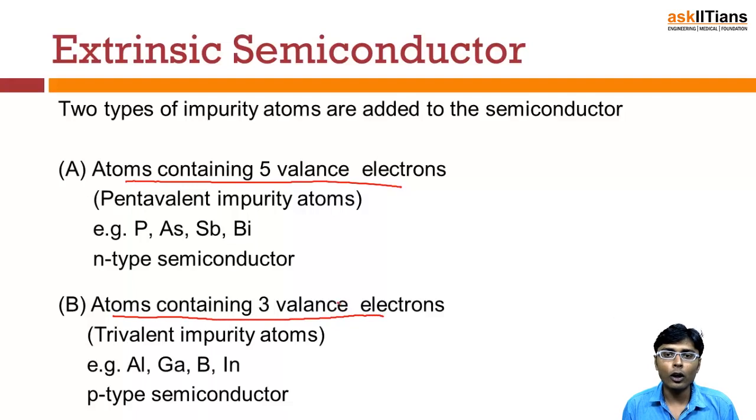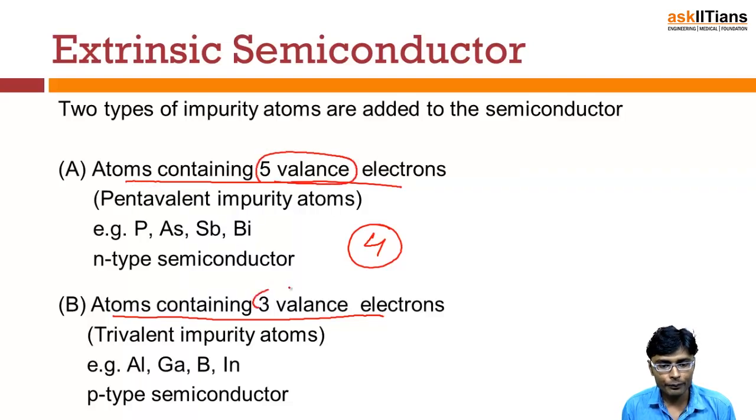We know that all the intrinsic semiconductors are tetravalent, that means they have 4 valence electrons in the outermost orbit. So the impurity which we add will have either 5 valence electrons or 3 valence electrons. Atoms containing 5 valence electrons are called pentavalent impurity atoms, and atoms containing 3 valence electrons are called trivalent impurity atoms.